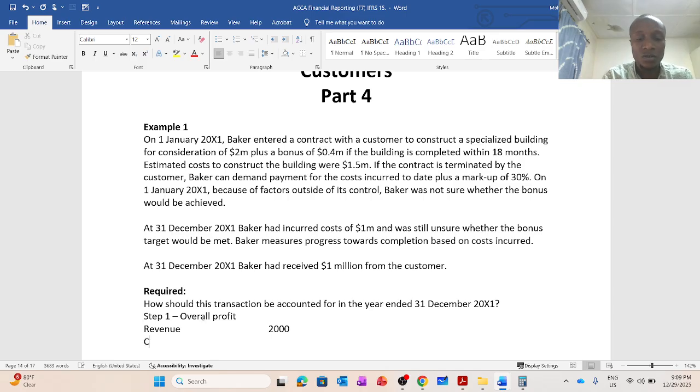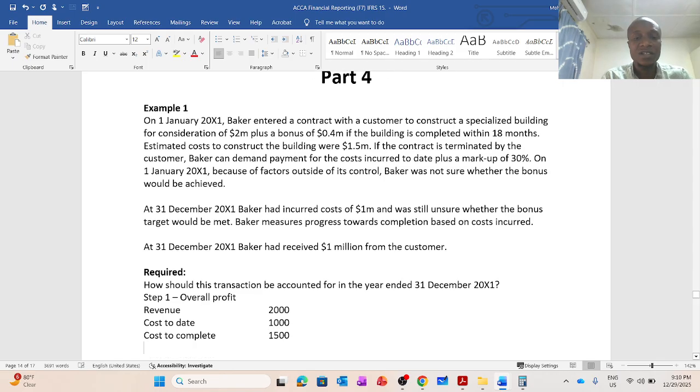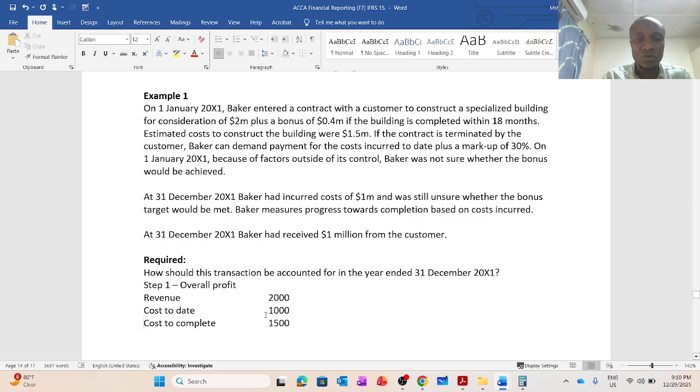Then the cost, we need to consider the cost to date. On 31st December, I incurred 1 million cost to date, 1,000. Then the cost to complete, which is also given in the question as 1,500. So basically, these are the costs.